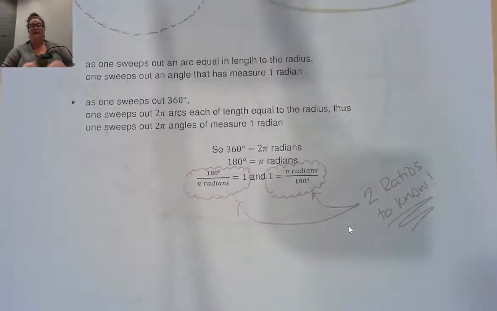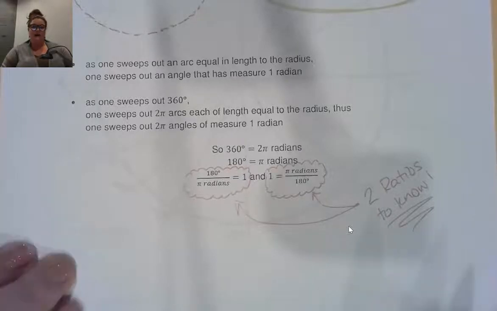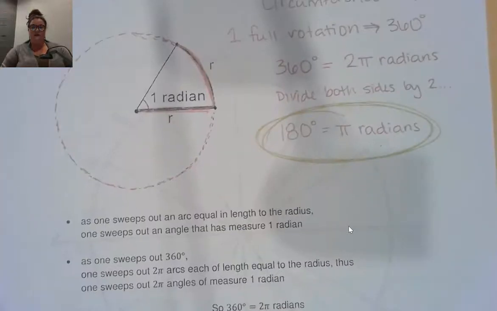Now, before we get into converting from degrees to radians or radians to degrees, I want to take the unit circle. Remember the circle that we've talked about doing a 30, 60, 90 triangle with, and we've dealt with different angles. I want to be able to write those angle measures in radians.